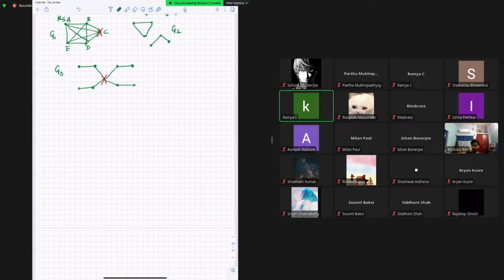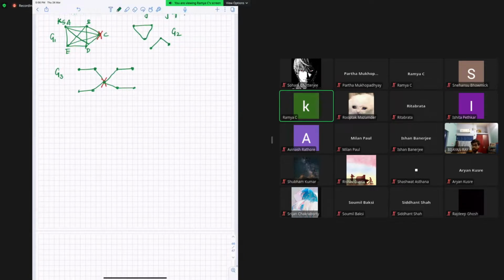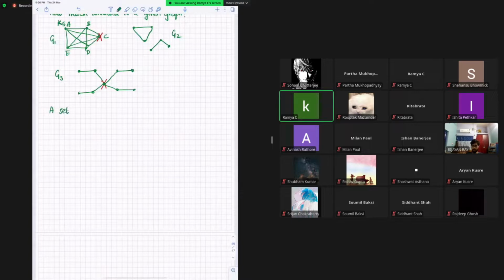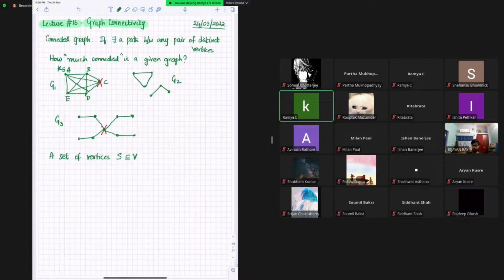So now this vertex has a special significance to the graph G3. That is what we want to try and formalize. So you say a set of vertices S, this is a subset of V. Throughout we will go back to this notation that G is a set of vertices and a set of edges.